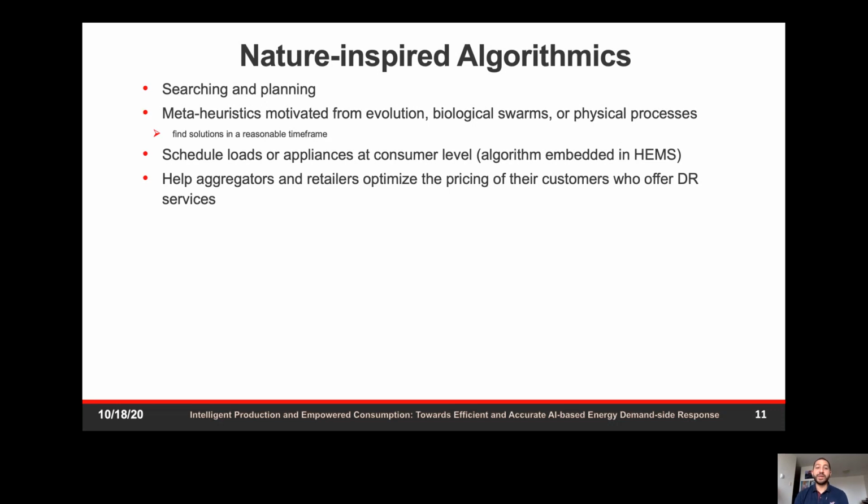Nature-inspired algorithmics have helped energy aggregators and energy retailers optimize the pricing for their customers who are engaged in demand response services. Scheduling loads or appliances at the consumer level, like I mentioned before, there are classes of nature-inspired algorithms.